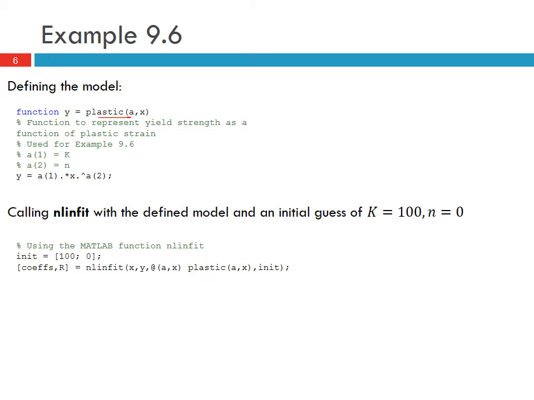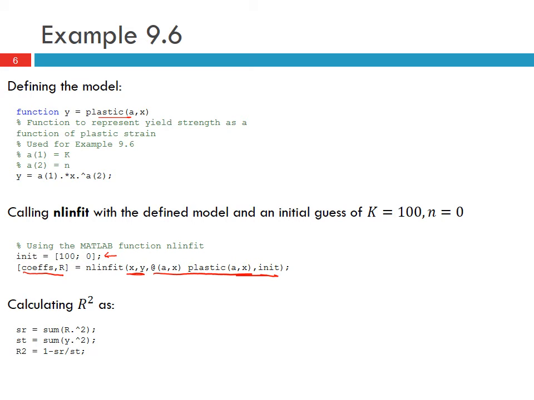So my output variables are my coefs and r. I call the function nlinfit with my input x and y, which are defined earlier in the function. And then this is how I'm calling the model using the function handle, indicating that both a and x are passed into it as inputs. And then init is my initial guess for both k and n.